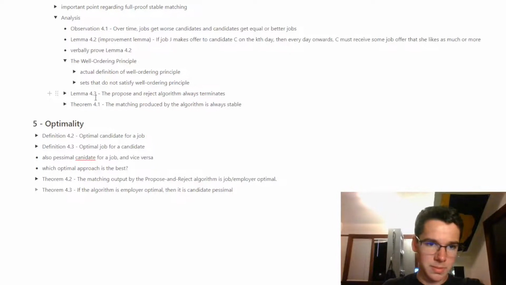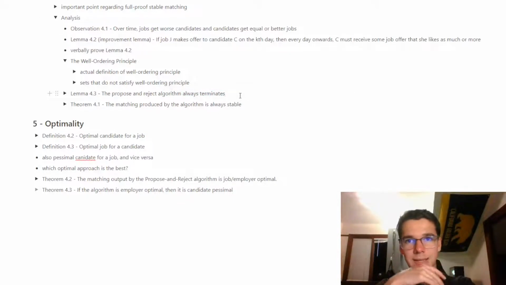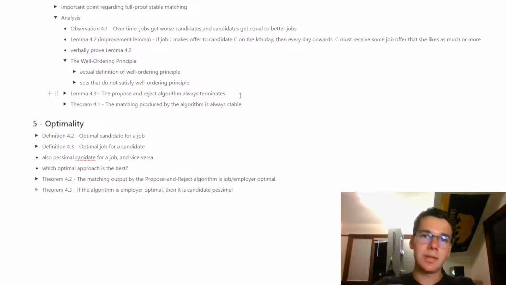And we're saying that the propose and reject algorithm always terminates, but what if we assume that it doesn't? If a job has made a proposal to all the candidates, but a candidate has still not accepted the offer from the job, then there is still some candidate out there that the job must make a proposal to.